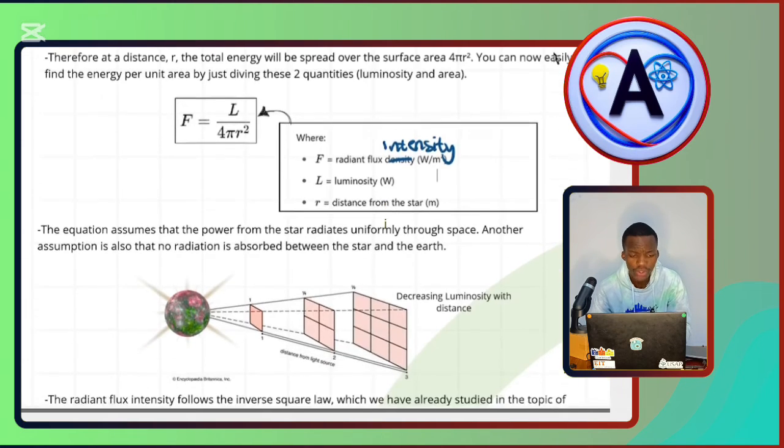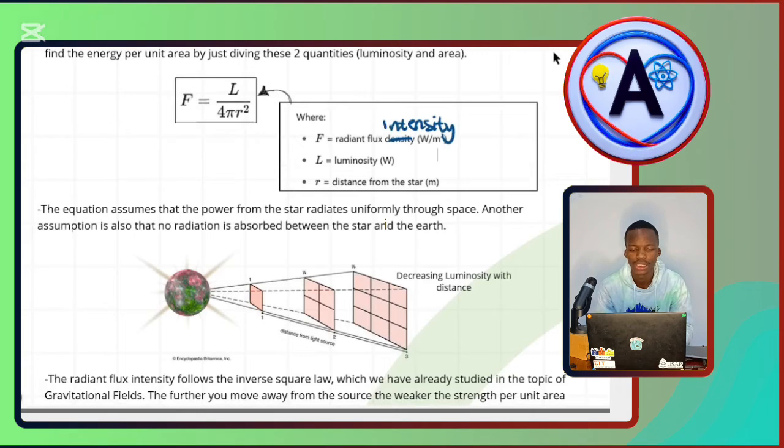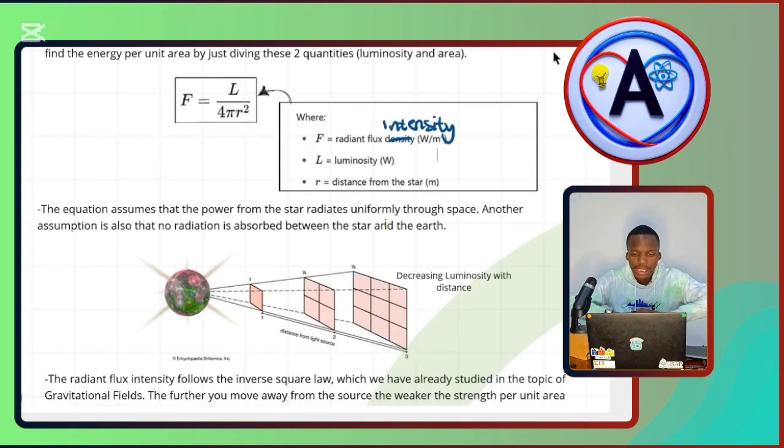So the equation assumes that the power from the star radiates uniformly through space, forming a perfect sphere, which in reality might not be what's happening. Another assumption that we make is that there's no radiation absorbed between the star and the Earth.